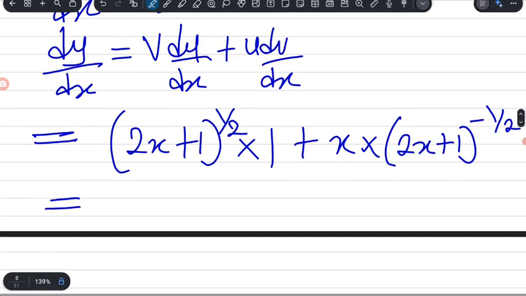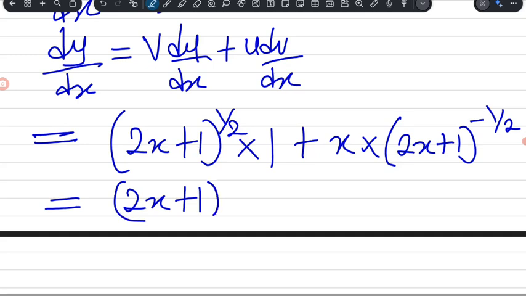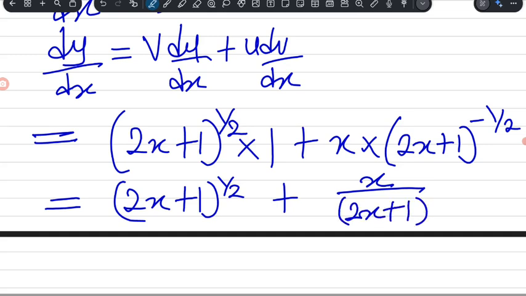Now, let's try to write better to have (2x plus 1) raised to power half plus x over (2x plus 1) all raised to power 1 over 2.